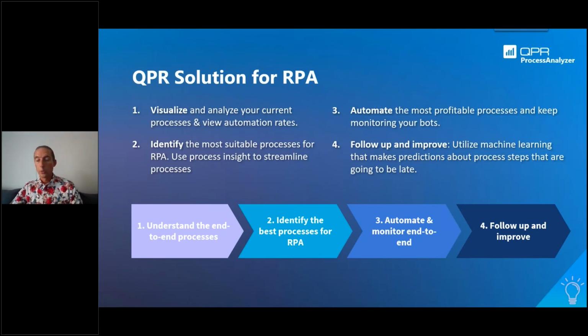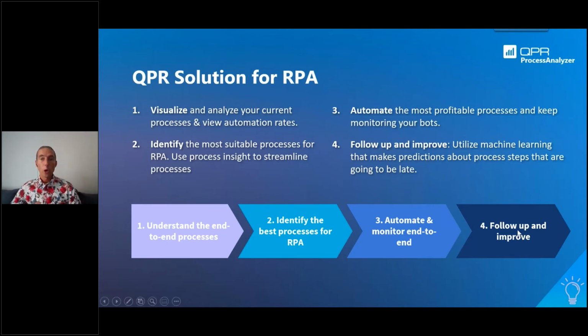Once you roll out and deploy the RPA bot, it's not enough just to see that the one individual activity is working okay. It's very important to see whether something else is then failing, let's say later on in the process.